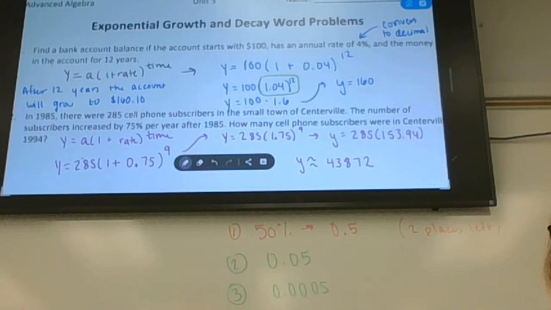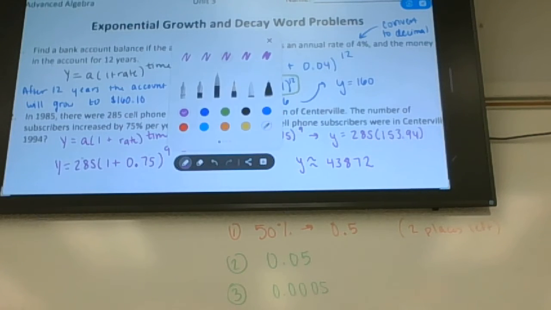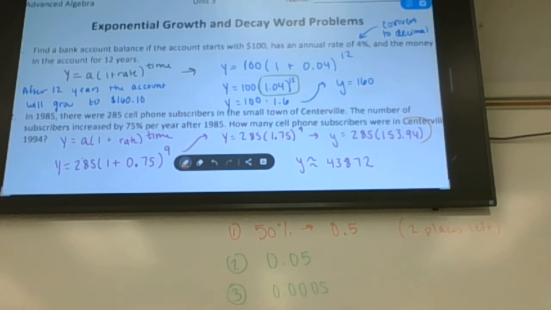Look how much different my number is not rounding it. Let's for consistency purposes for this number here, let's just keep rounding to the hundredth today.